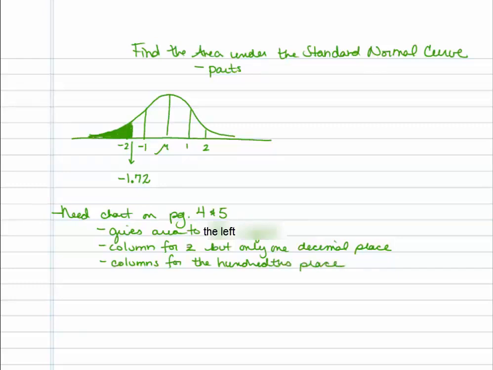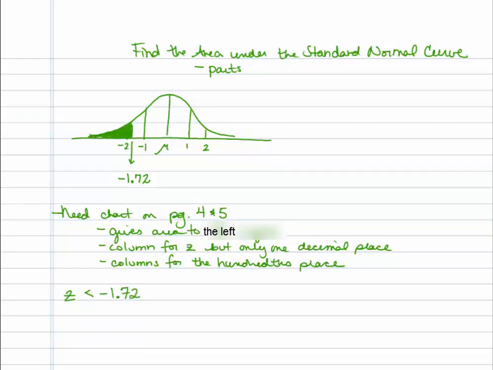So for example, look for -1.72. You're going to want to look on page 4 because that's where the negative values are. So what you're looking for is a z-score smaller than -1.72.